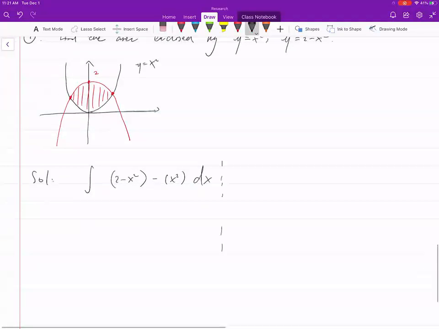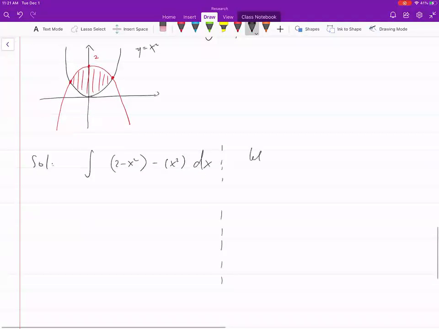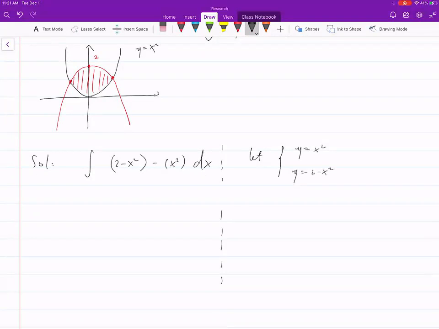So let this one and this one happen together, which means which point will satisfy both. That means which point is the intersection of these two things. Solve it. That gives you y equals x squared. So x squared equals 2 minus x squared.